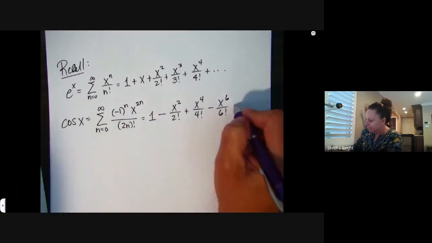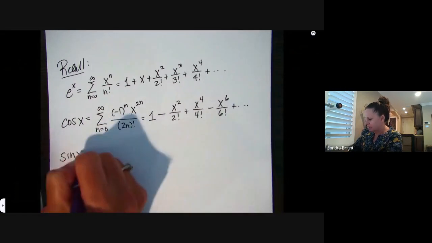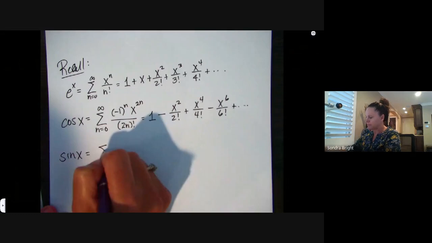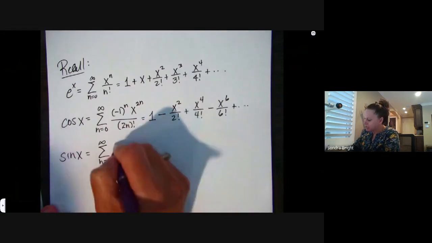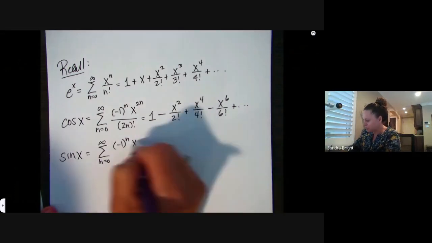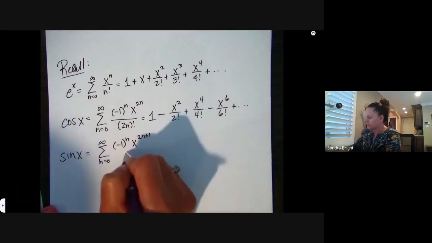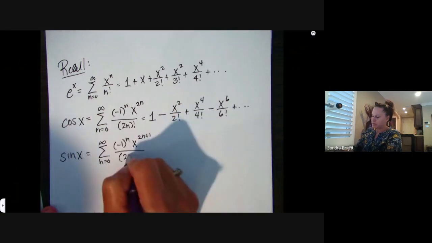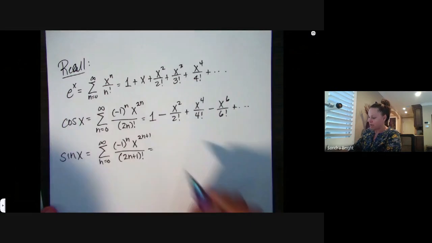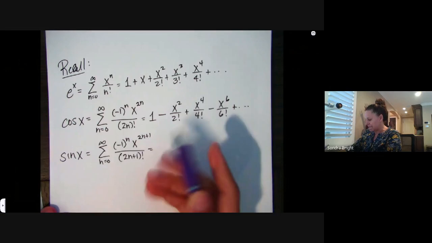And then sine of x, remember, is an odd function, and so it also alternates in sign, with the first one being positive, and then it's x to the odd powers, and an odd number you get by 2n plus 1 over 2n plus 1 factorial. So when you plug in a 0 here, you get positive 1. That will be x to the power of 1 over 1 factorial, so it's just x.